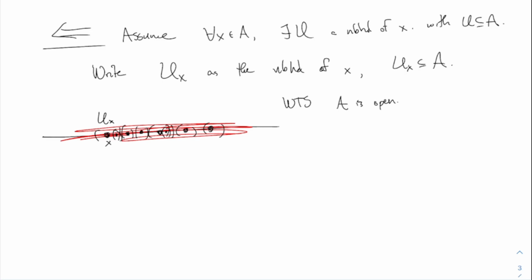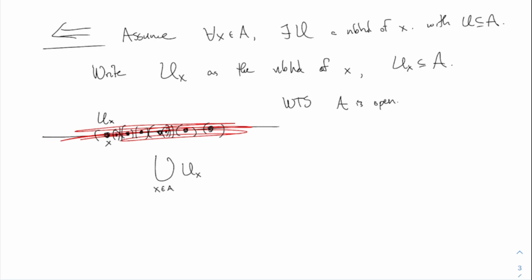Every point in A has a little neighborhood around it. If I take the union of all of those, this certainly includes all of the original points, because U_x always contains x.